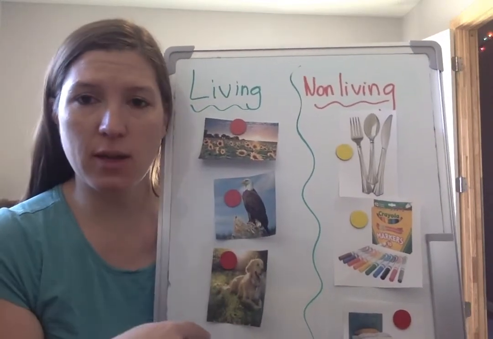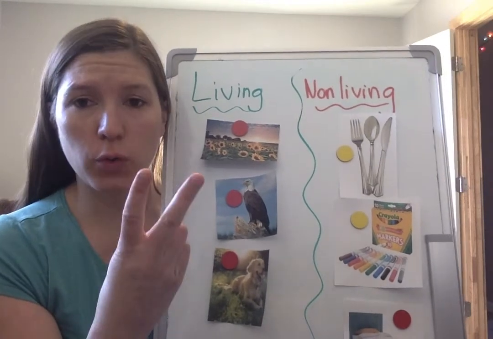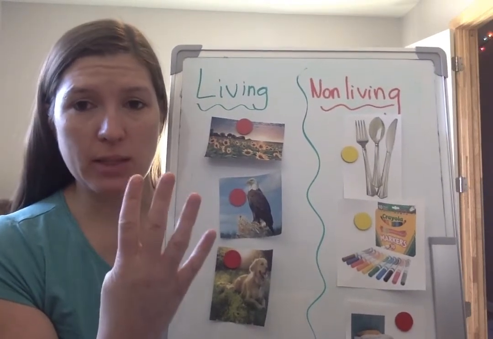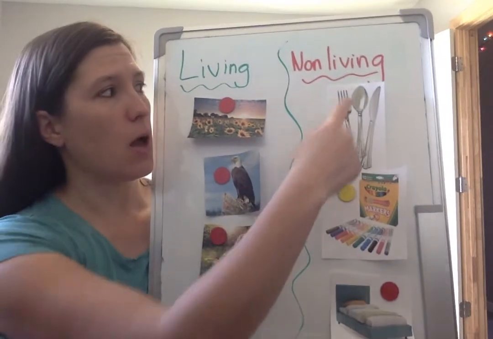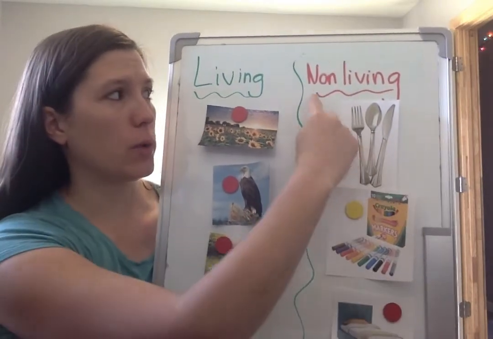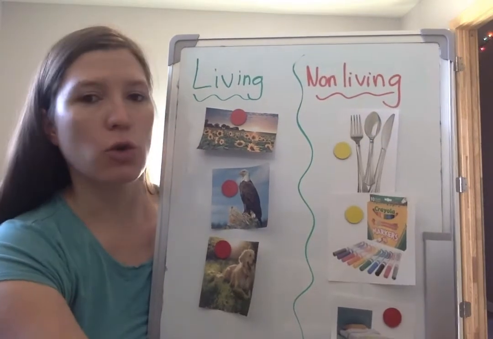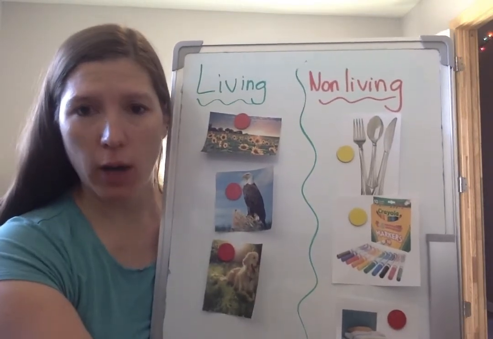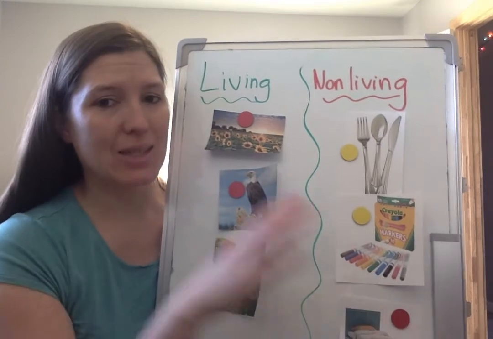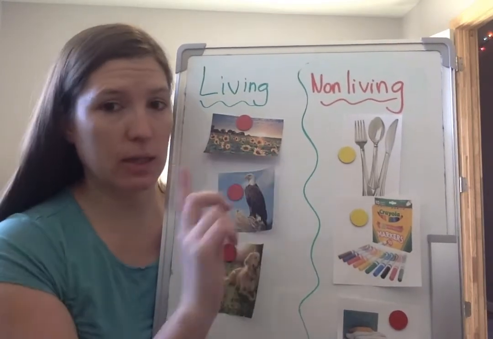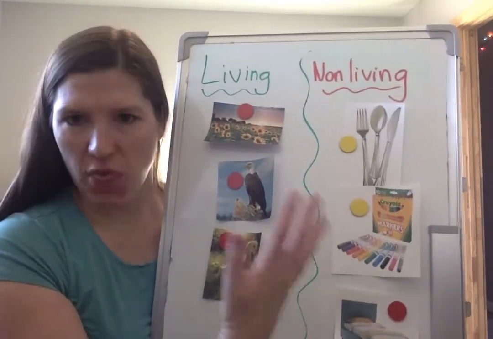If it's living, it needs air, food, water, and space to live. On the other side of your notebook, I want you to write non-living. Draw me one picture of something in your house or in your yard that is not alive, non-living. It's just a thing.